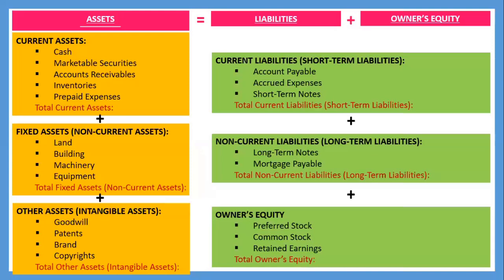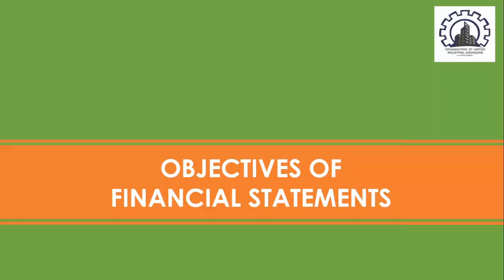And again, your total assets should be equal to the sum of your total liabilities and owner's equity. Okay, finally, those are the three keywords that we should always bear in mind if we talk about the balance sheet. So again, we have assets, liabilities, and owner's equity or capital.